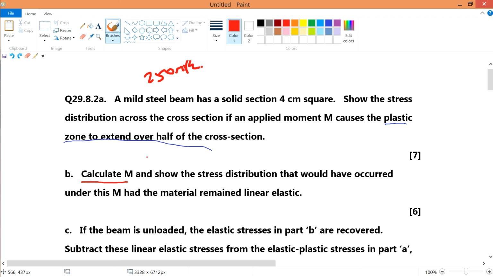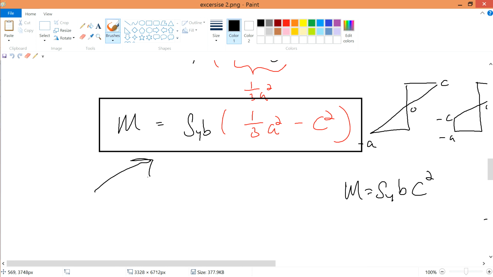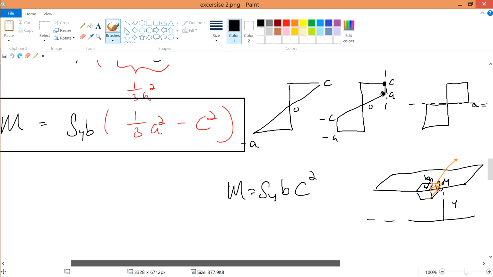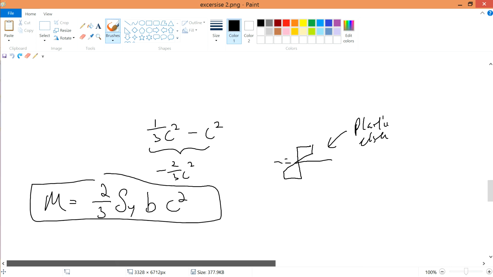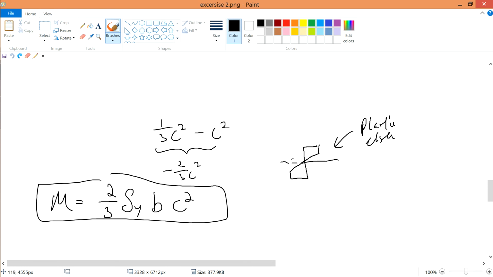So what do I mean by this? We're going to use this equation right now. Instead of using this, because now we're talking about this scenario where a is equal to c. When a is equal to c, you can simply write this: M is equal to 2/3 sigma y b c squared.